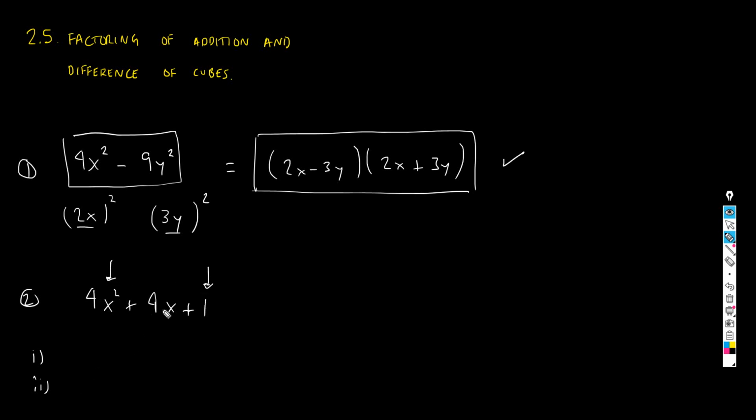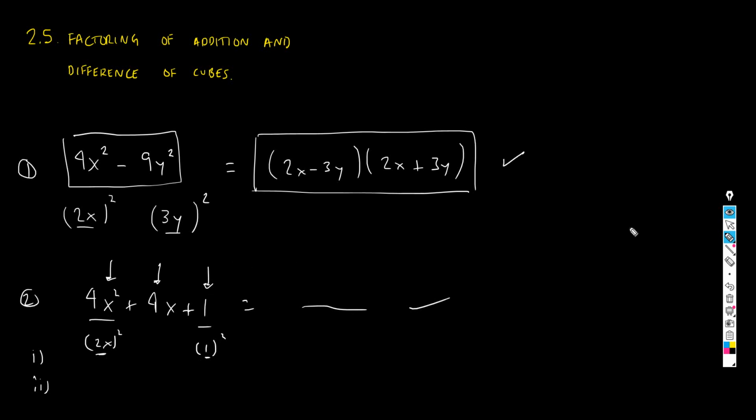And number 2, making sure that this term is twice the product of those two numbers, right? I mean, not this and this, but the numbers such that raised to the square give you this term and this term. Okay, and we can also write down the factorization.